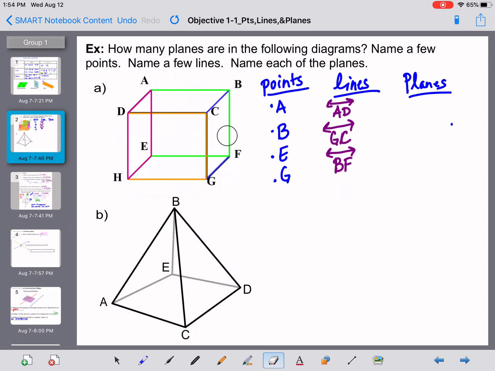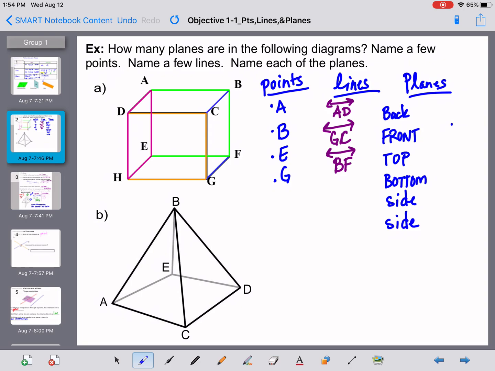So let's think about it this way. It's a box. So I've got the back, the front, top, bottom, side, side. All right, so I only need how many? 3. 3 points to name the plane.